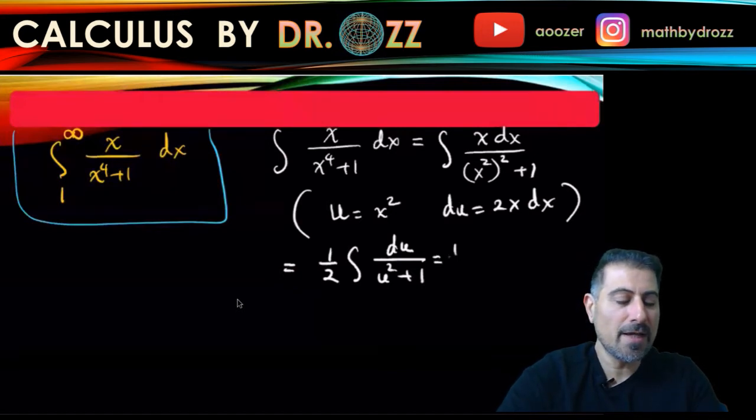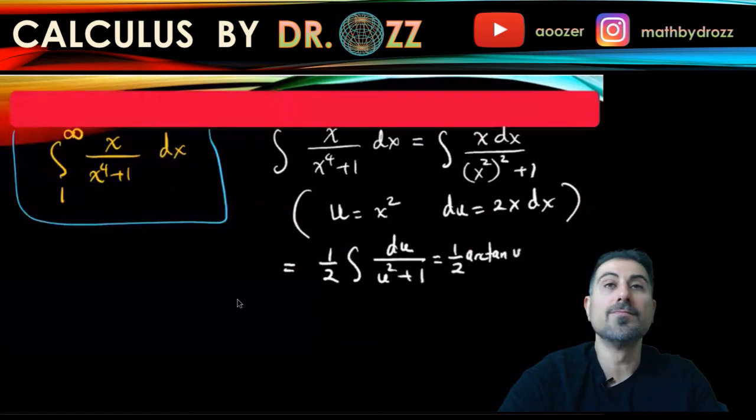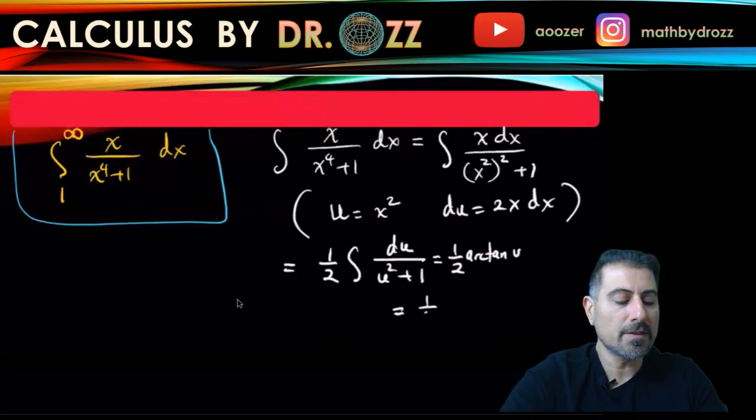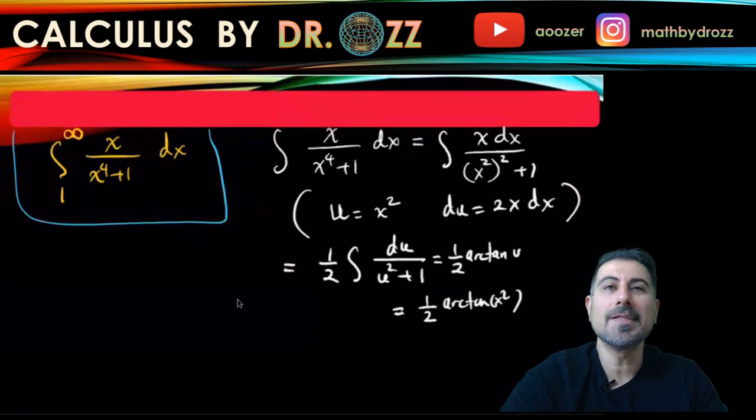So this is 1/2 arctan u. Okay, I don't need to worry about plus c at this moment. 1/2 arctan x squared. Okay, so this is a nice u substitution problem to convert the given integral into something that you already know how to integrate.